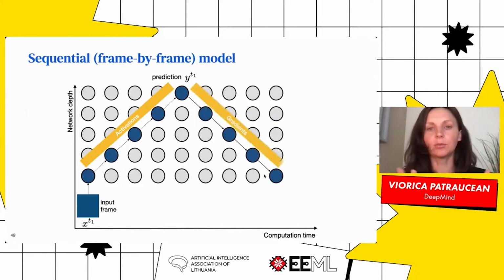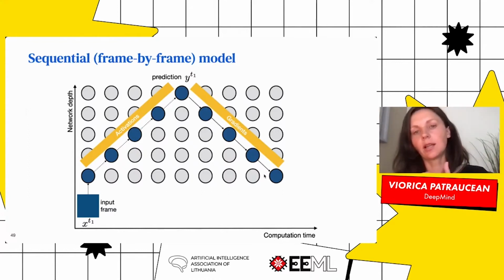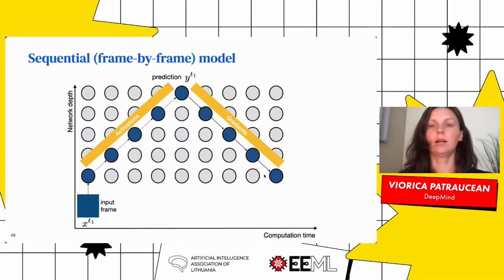The layers are waiting for the forward pass to finish, and then they're also waiting for the backward pass to finish. You compute activations, and then you compute the gradients, and every layer has to wait until its turn to update its weights and so on. And again, we are arguing that this is unnecessary.